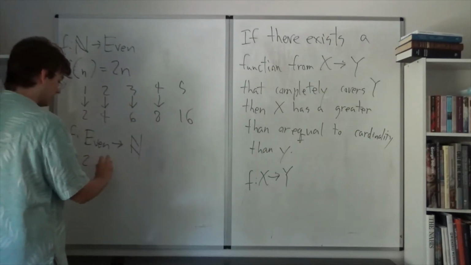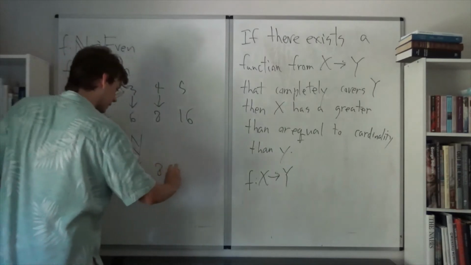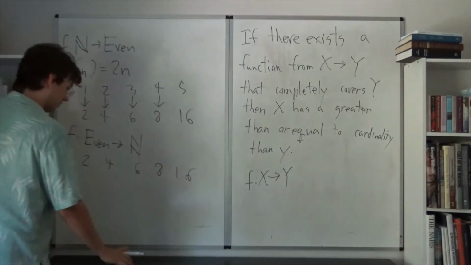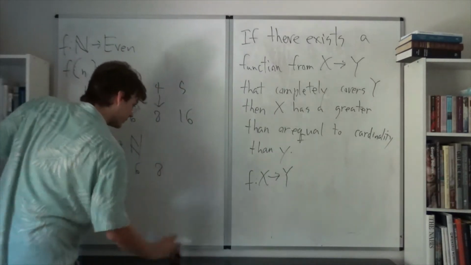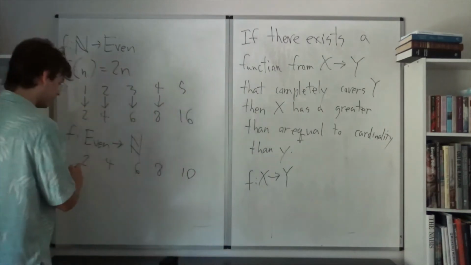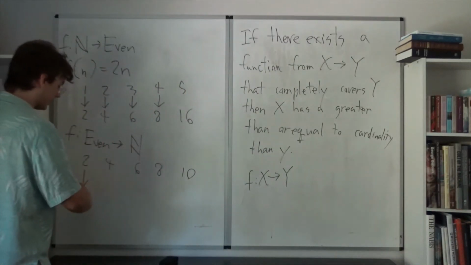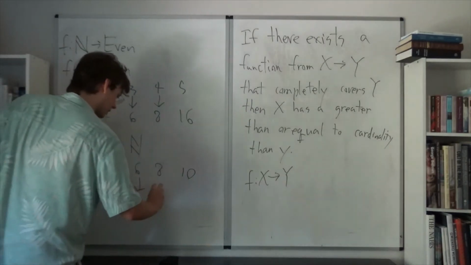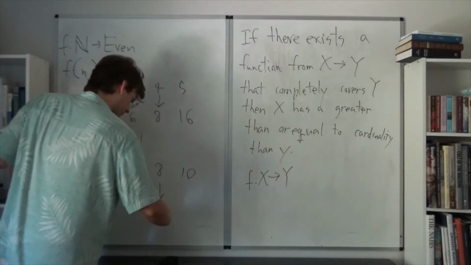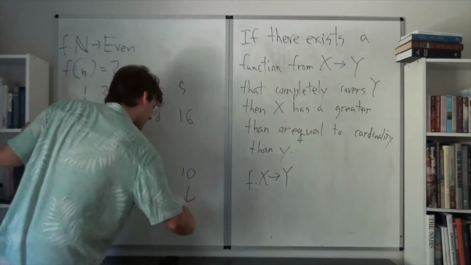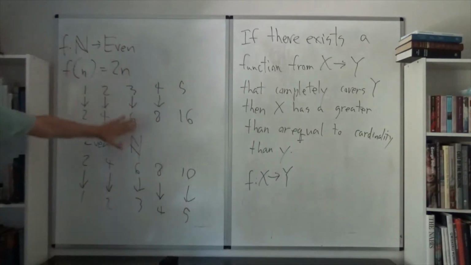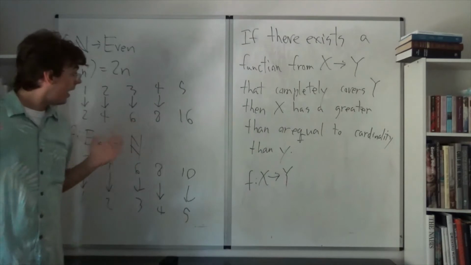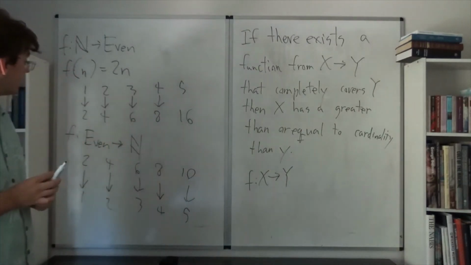I take 2, 4, 6, 8, 10, and I just divide everything by 2, giving 1, 2, 3, 4, 5. So the evens and the natural numbers have the same cardinality.